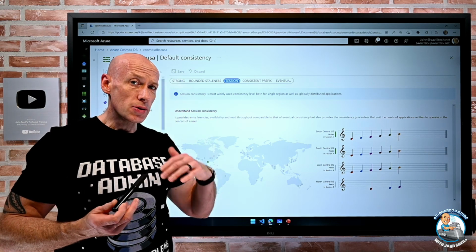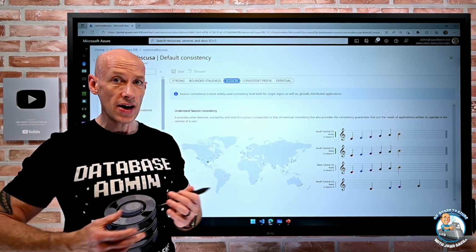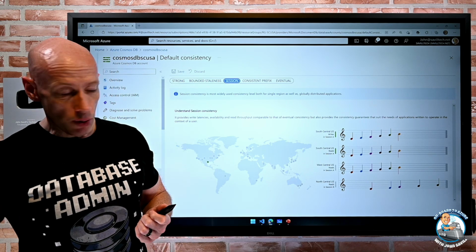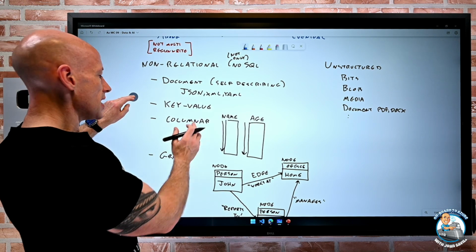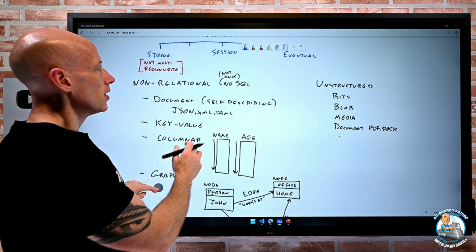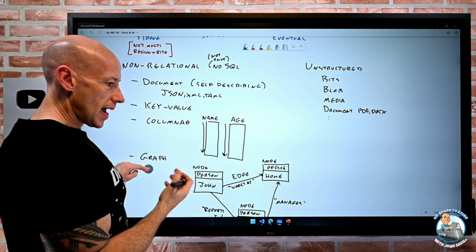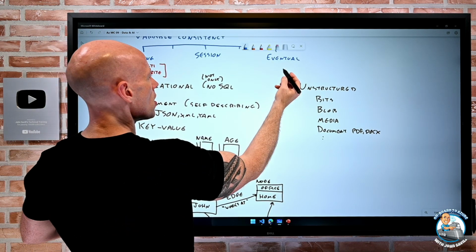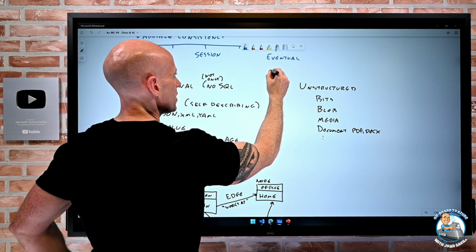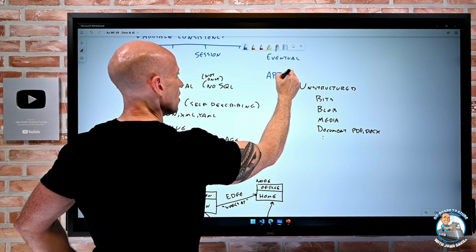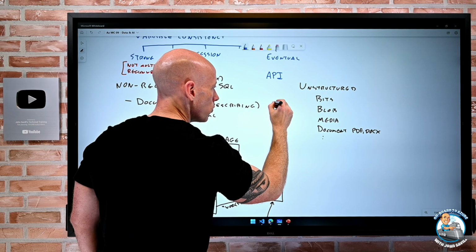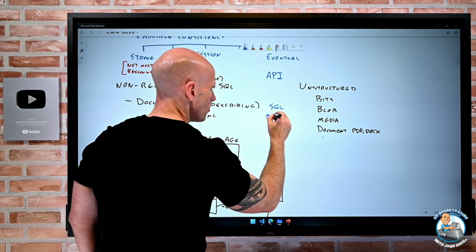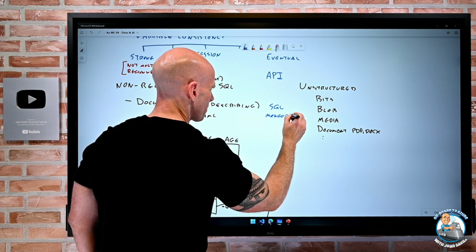Cosmos DB supports many different types of API. When we looked at the whiteboard, remember we talked about documents, key value, columnar, graph. Cosmos DB has these. So from an API perspective, I'm just going to use this same picture. The APIs that Cosmos DB has for document, it has SQL, it has MongoDB.